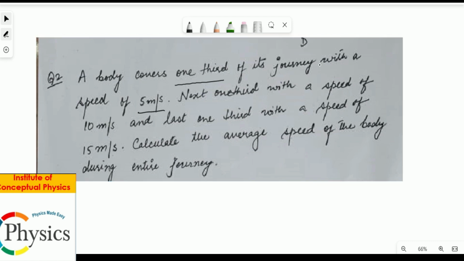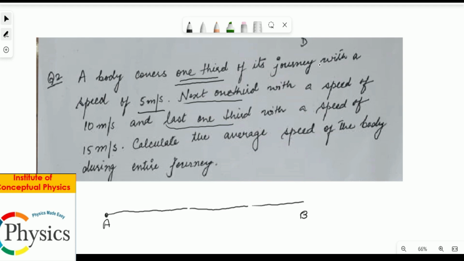If I were to draw the diagram, let me say that the initial position is A and the final position is B. There is 1/3 mentioned, then the next 1/3, and then the last 1/3, which means there are three parts of the journey: the first part, the second part, and the third part. All of them are equal.